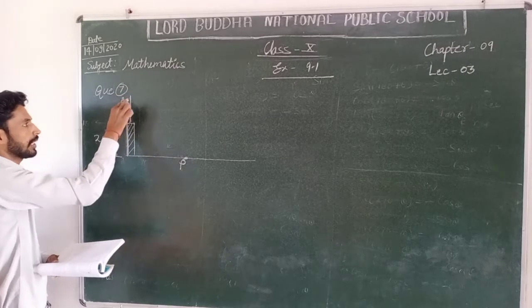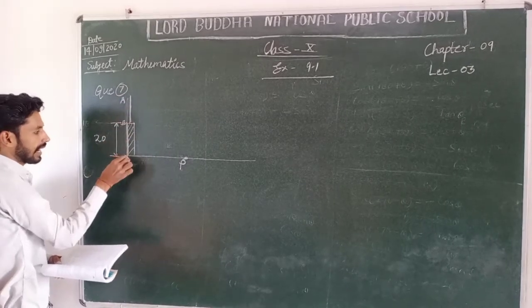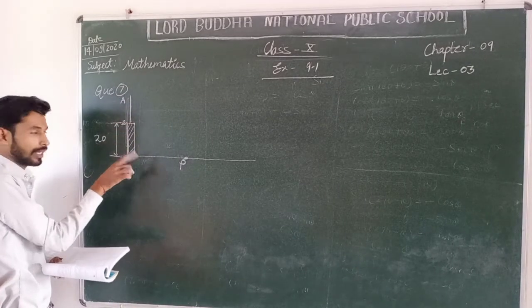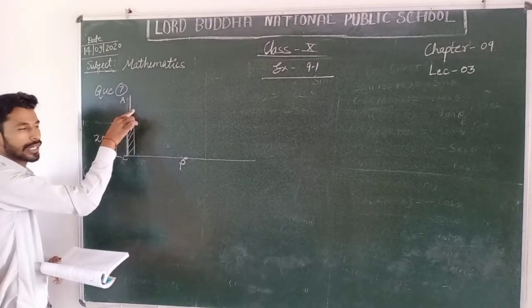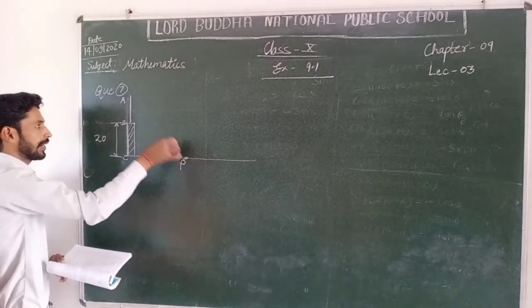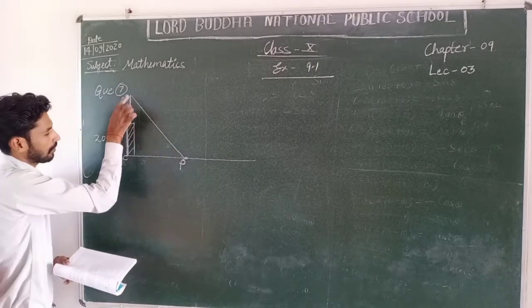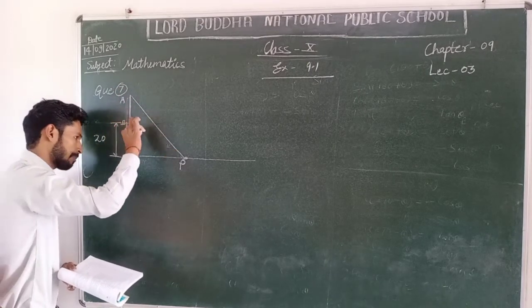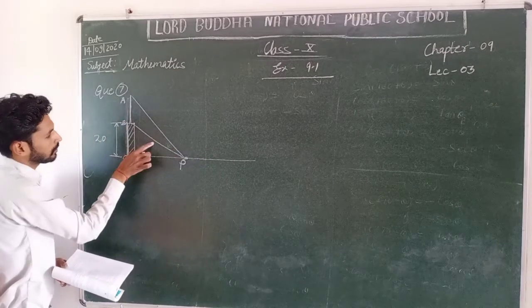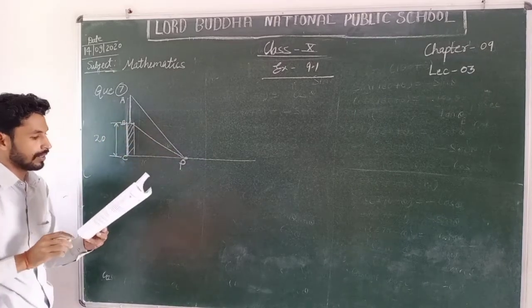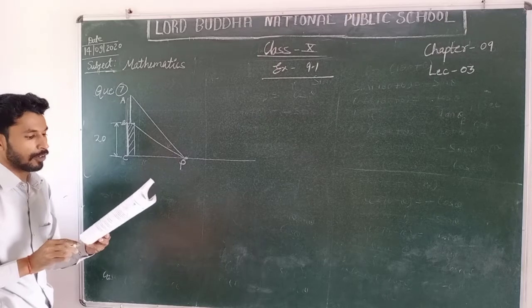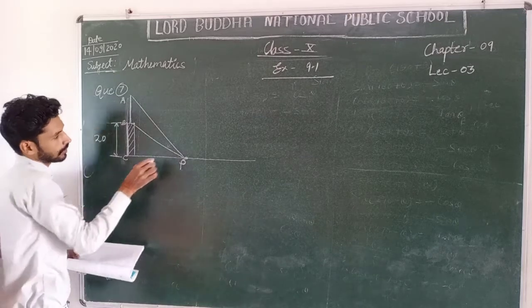So suppose AB is the transmission tower and BC is the building on which this tower is located, and from this point the angle of elevation of the top of this tower and the angle of elevation of the bottom of this tower are respectively 45 degrees and 60 degrees.